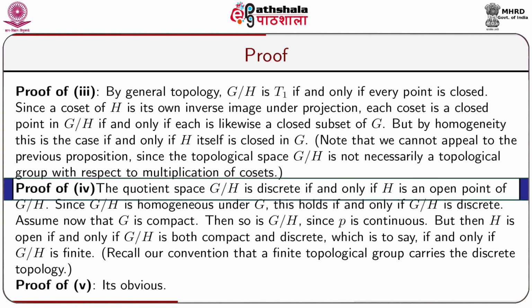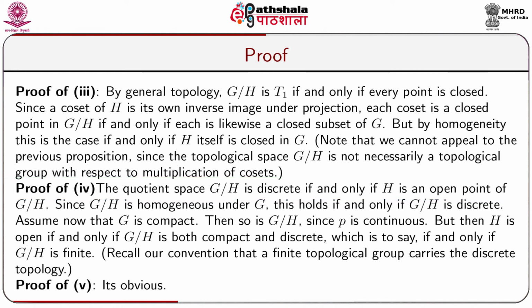Finally, I shall prove that G by H has the discrete topology if and only if H is open in G by H. This proof also follows almost in the same way as the previous one.